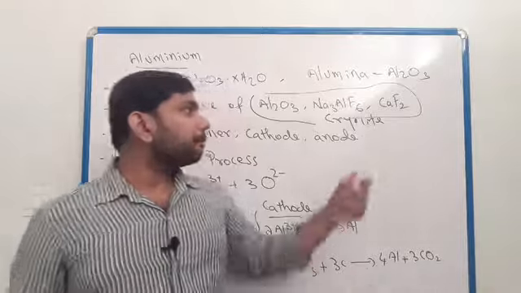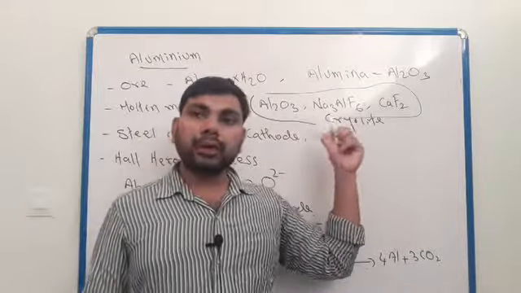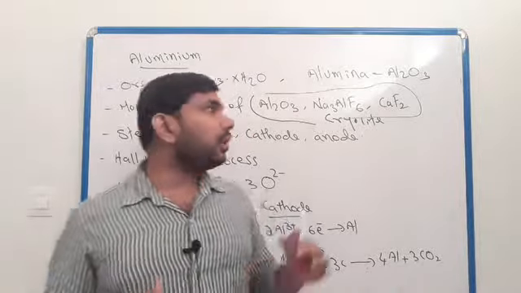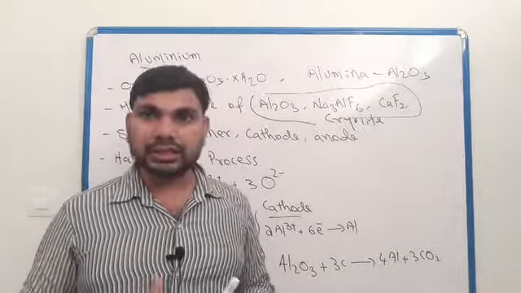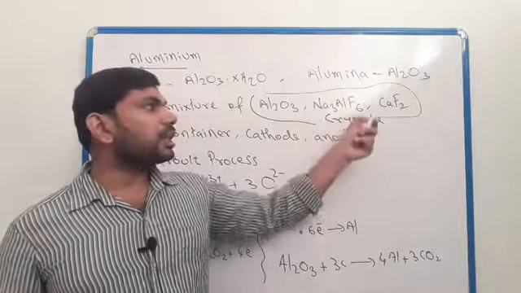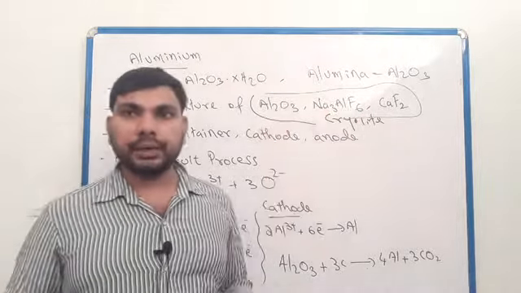When we mix molten alumina, cryolite and calcium fluoride together, the conductivity of the electrolyte increases. That's why we use a molten mixture of calcium fluoride and Na3AlF6 with alumina.